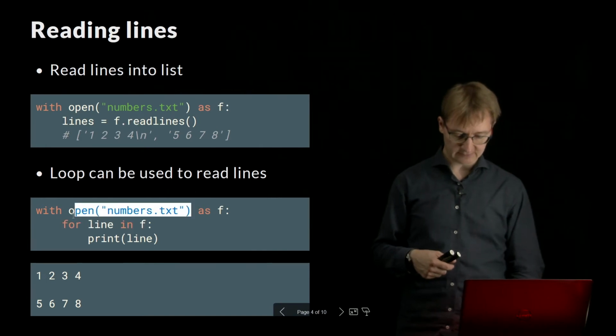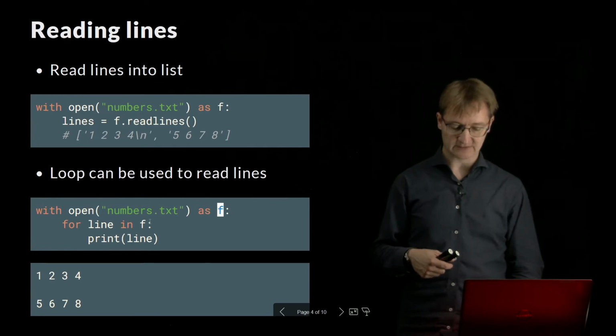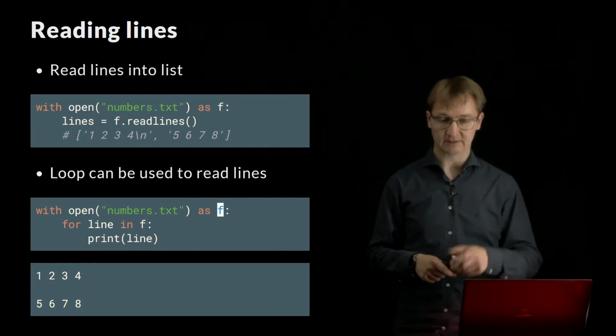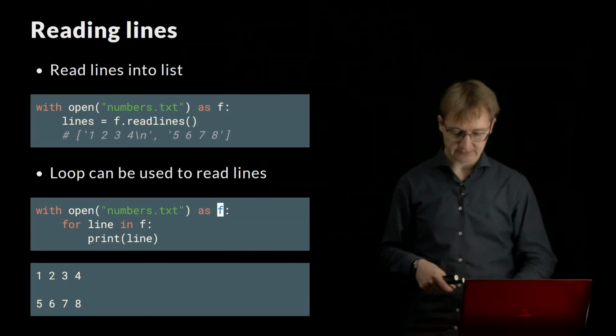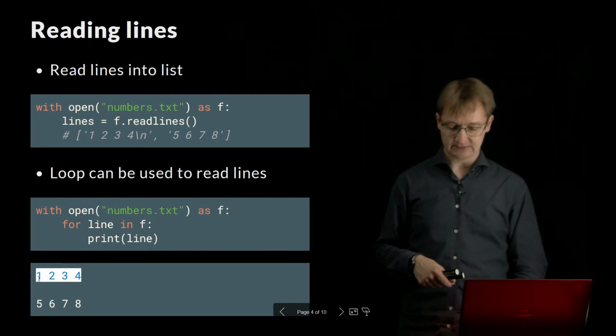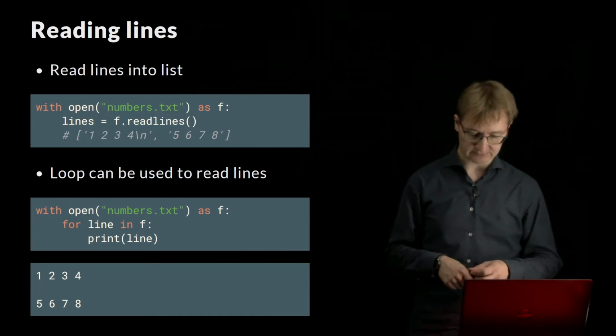So we open the file, put it into the f variable, and from this f variable we can loop over it and get every line with each iteration. Here you can also see that I print out the first line and then the second line, and we have one empty line here, and I will talk about it soon.